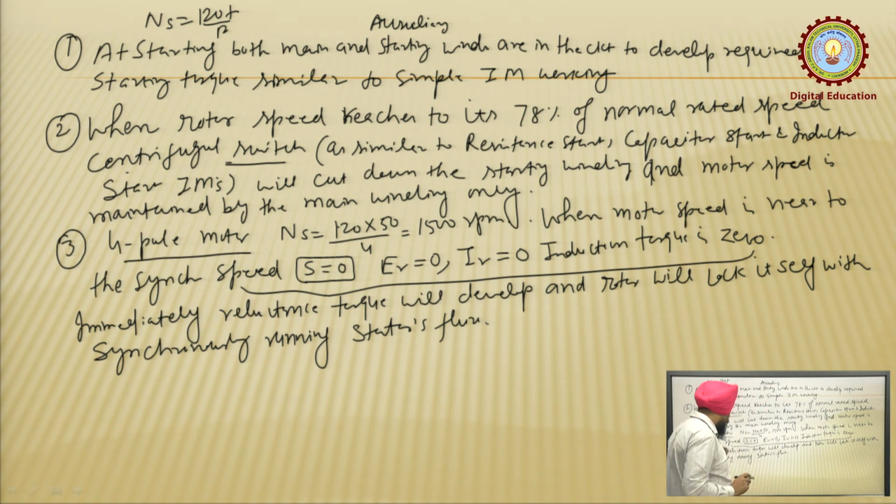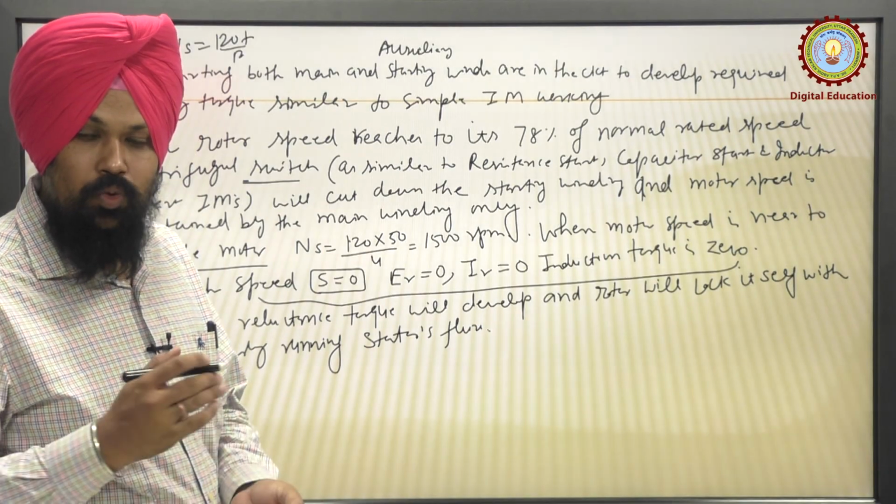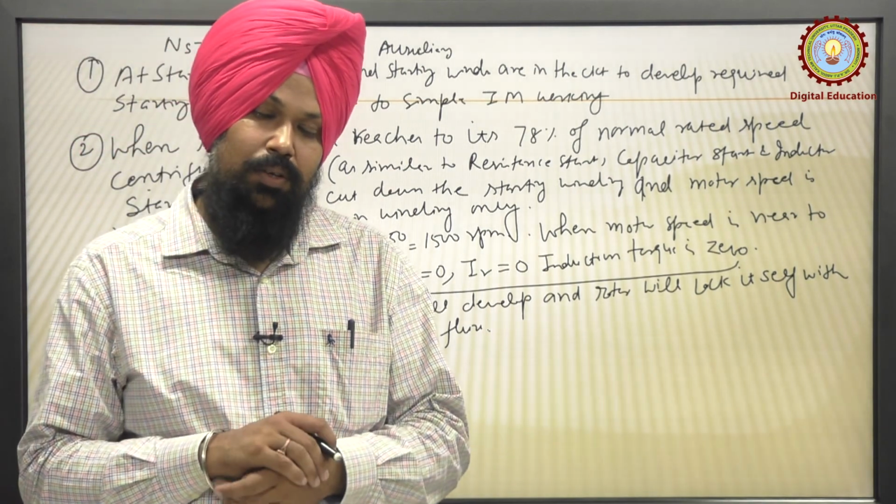Okay. What will happen when there is no induced voltage in the rotor circuit? IR is 0, induction torque is 0. Now, what is present in the motor so as to maintain its speed at the synchronous speed?